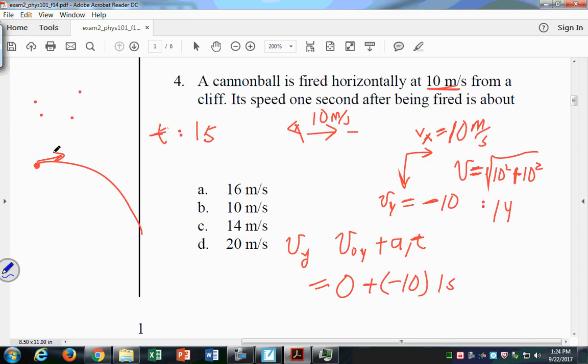Initially Vx looks like that, and then it's like that, and then like that. It never changes. But Vy is initially 0, and then it gets bigger, bigger, and bigger. And so at this point, I have Vy equal to negative 10. And it started out at 0. After 1 second, it's at negative 10. After 2 seconds, what is Vy going to be? Negative 20. And then negative 30, negative 40, until it hits the ground. It runs out of time. Did that answer your question?